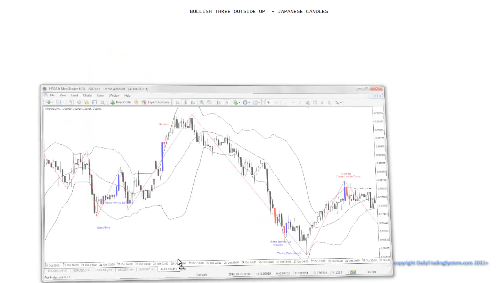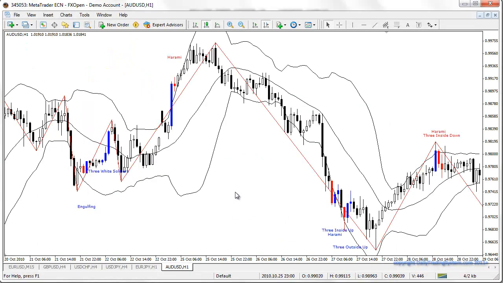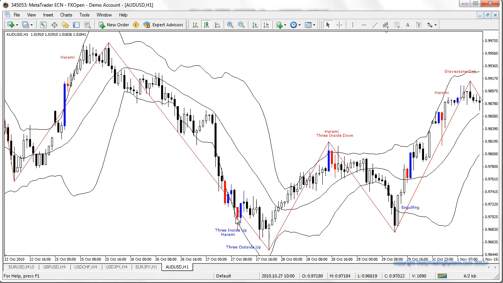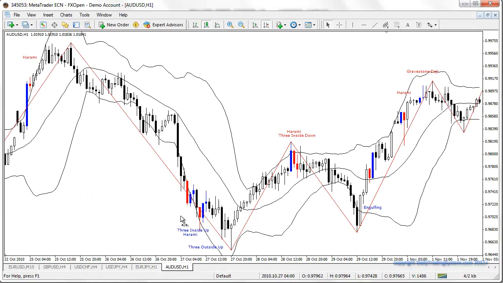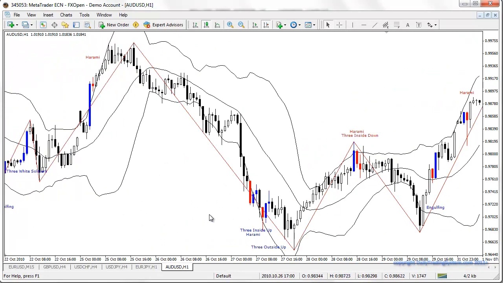And here is the three outside up that we were just talking about in the previous video. Here it's like a bullish engulfing pattern, which comprises two candles.